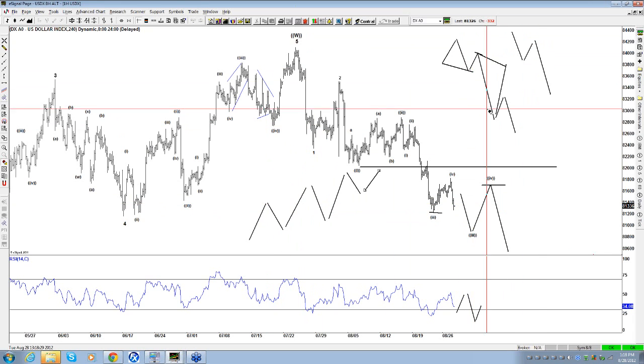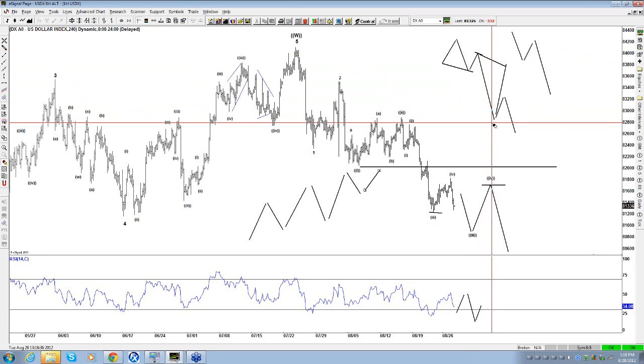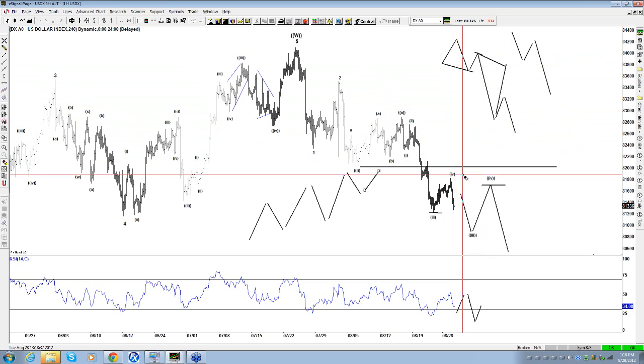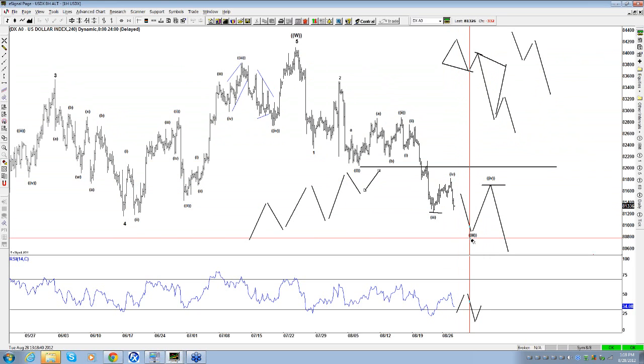If you notice, both of them are the same up to here. The only difference is that this has more extension, and a new low here is going to create that extension, in my opinion.